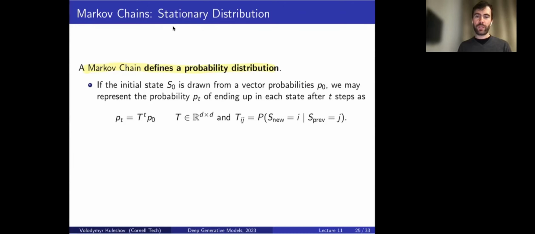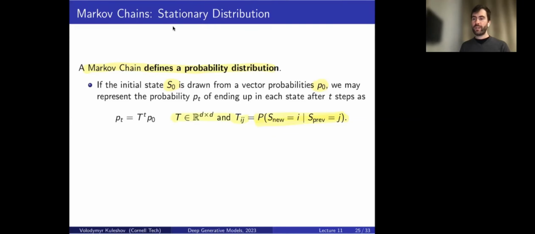Well, let's assume that you have a finite number of states, and the initial state, S0, is drawn from some vector of probabilities P0. And let's say that I can always write my transition kernel, which is the probability of the current state given the previous state, as a matrix.